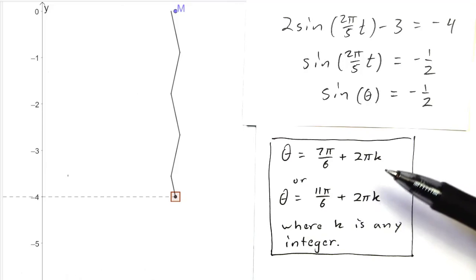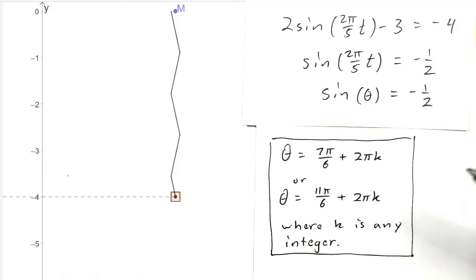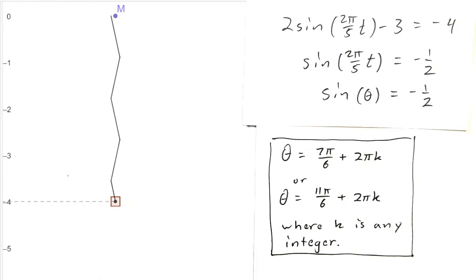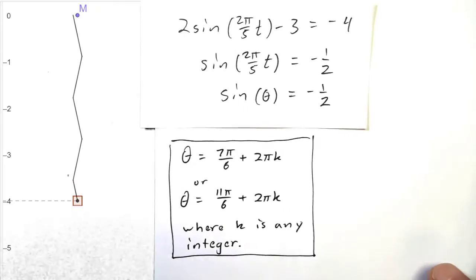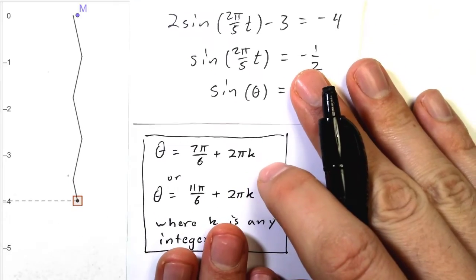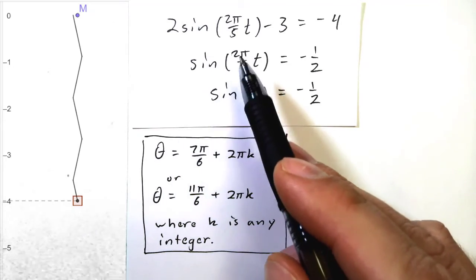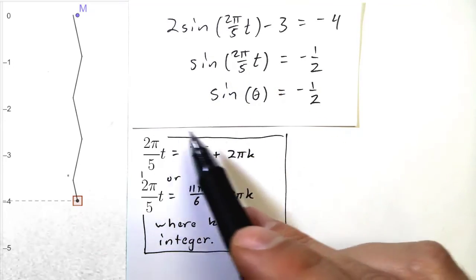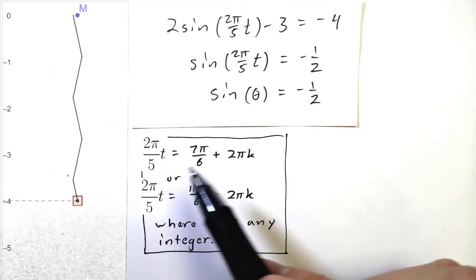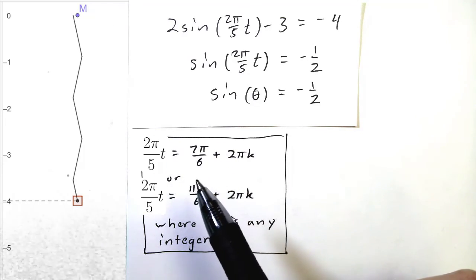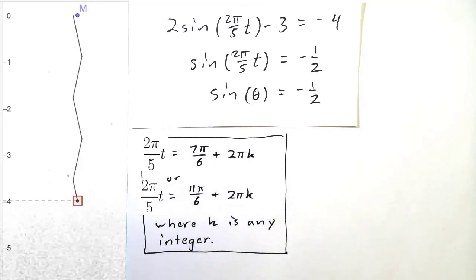So we're going to solve these for t, because what we're really after is time. Let me slide things over a little bit, and we'll write everything in terms of t. I'm going to replace theta with 2 pi over 5t, and then solve these, which means I'm going to multiply both sides of these equations by 5 over 2 pi.